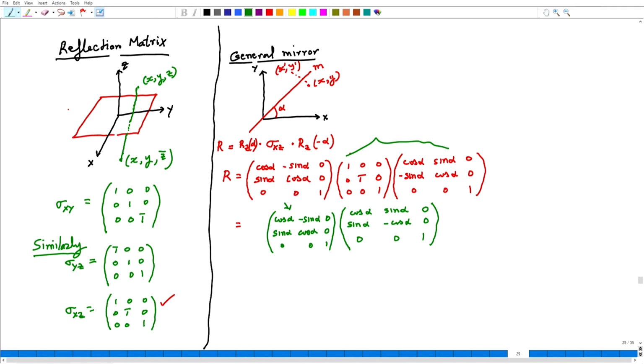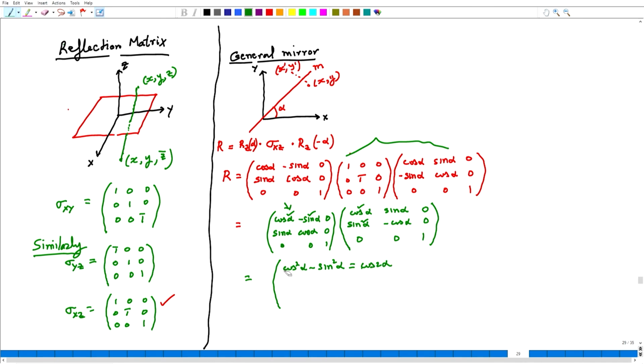Now do the multiplication again. First row of the first matrix into the first column of the second matrix: cos alpha, minus sin alpha, 0 into cos alpha, sin alpha, 0. Cos alpha into cos alpha is cos square alpha, minus sin alpha into sin alpha is minus sin square alpha, and the third product is 0. So we have cos square alpha minus sin square alpha, which is nothing but cos 2 alpha.